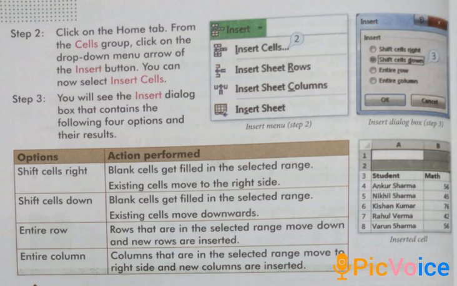Entire rows that are in the selected range move down and new rows are inserted, and entire columns that are in the selected range move to right side and new columns are inserted.